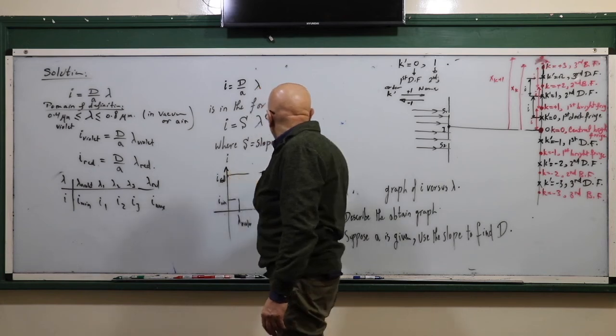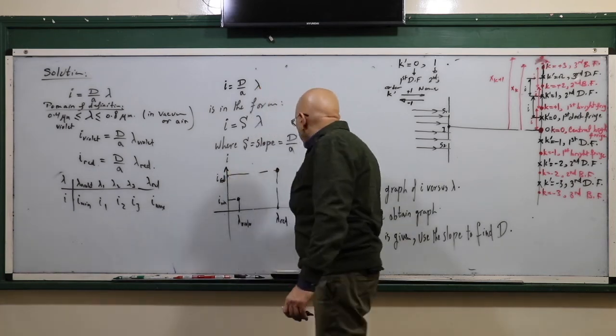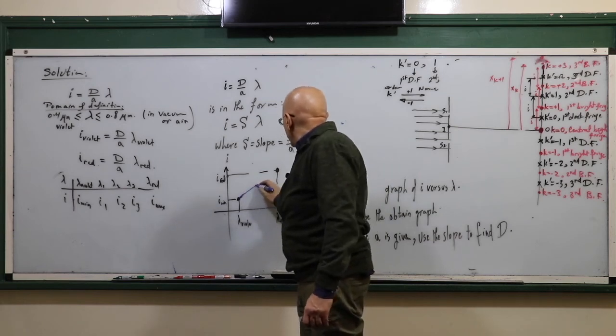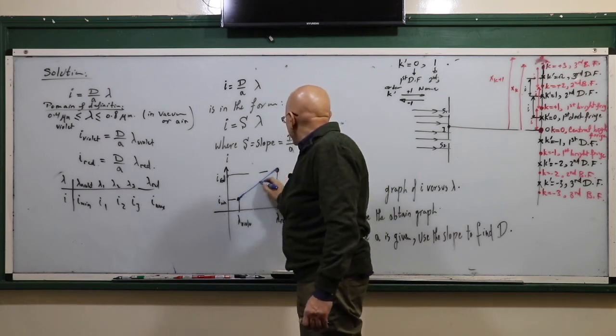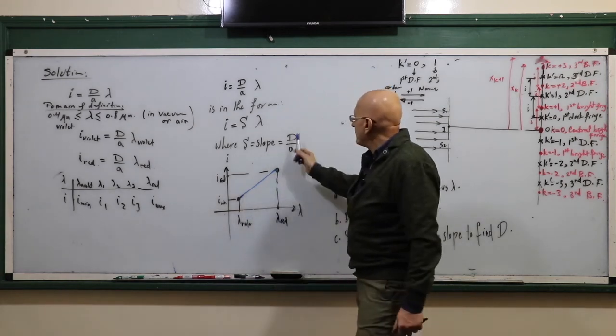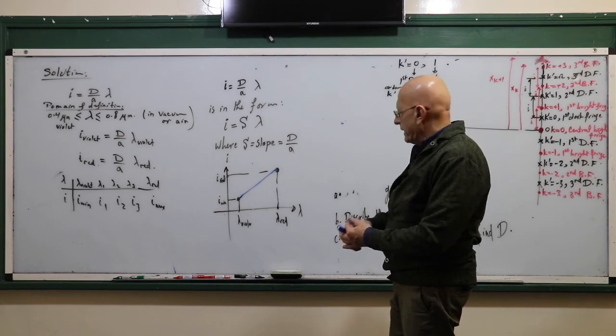So these are the 2 points. If I join them, I get an increasing segment of slope D over a. Okay, part B describes the obtained graph.